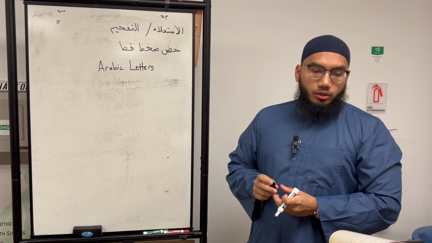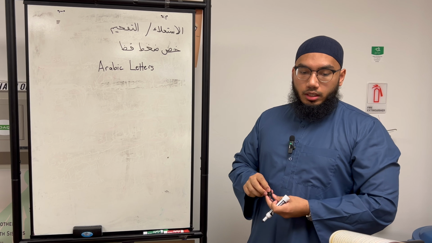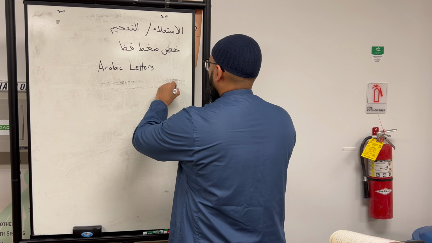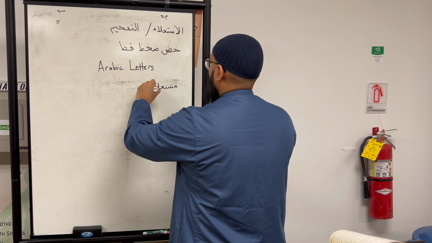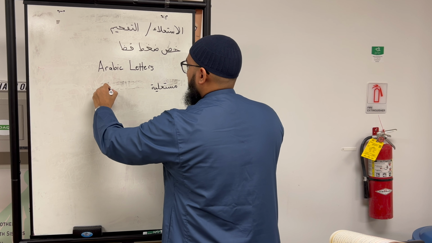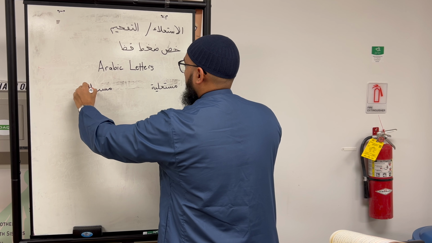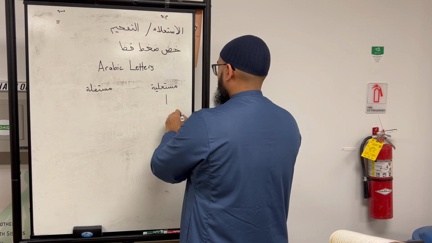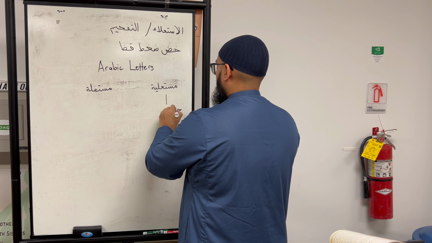Arabic letters are going to be broken down into, like we mentioned, musta'aliya and mustafila. Musta'aliya are the ones that are full mouth. Mustafila are the ones that are empty mouth. So what are the letters of musta'aliya? خص ضغط قض.